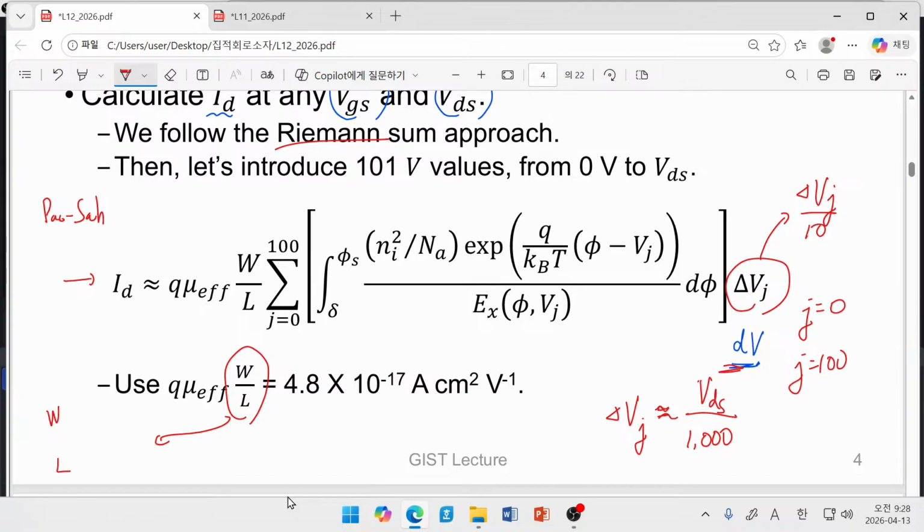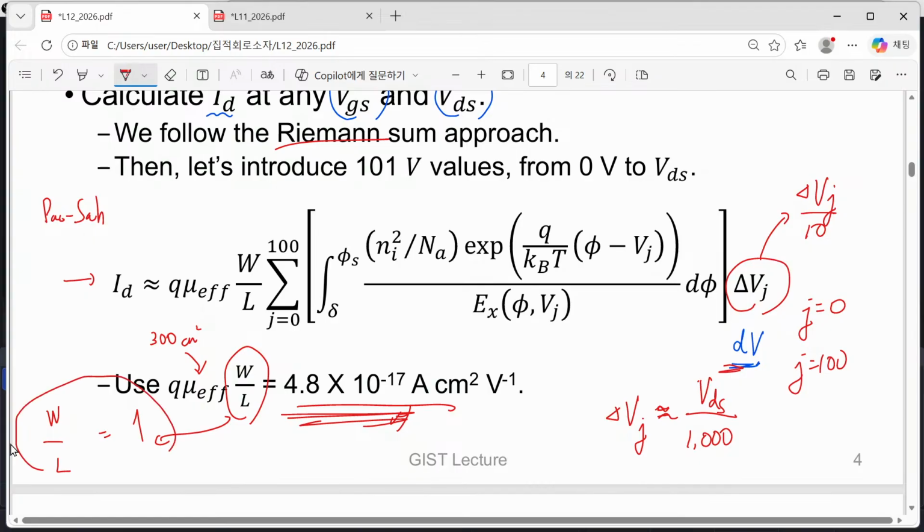In order to calculate this value, my assumption was that mobility is about 300 and W over L equals 1. If I use this value, then I can get this specific value. Then when I say W over L equals 1, what is the real meaning of this calculation?